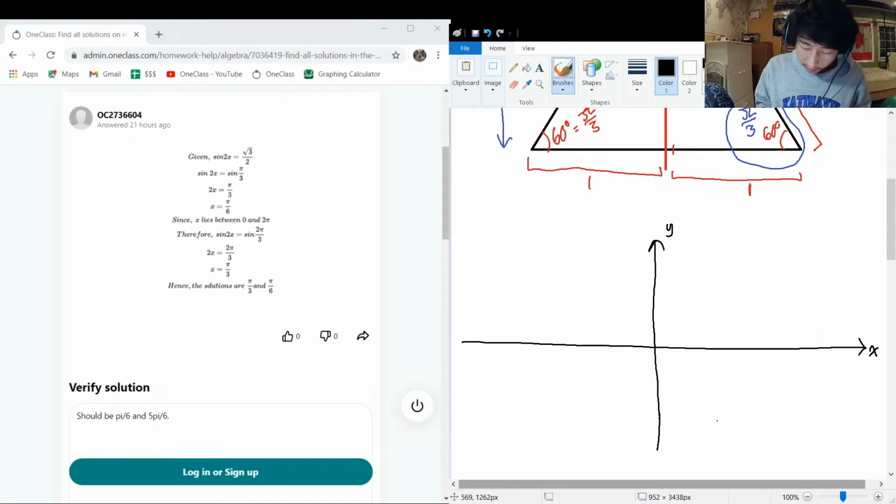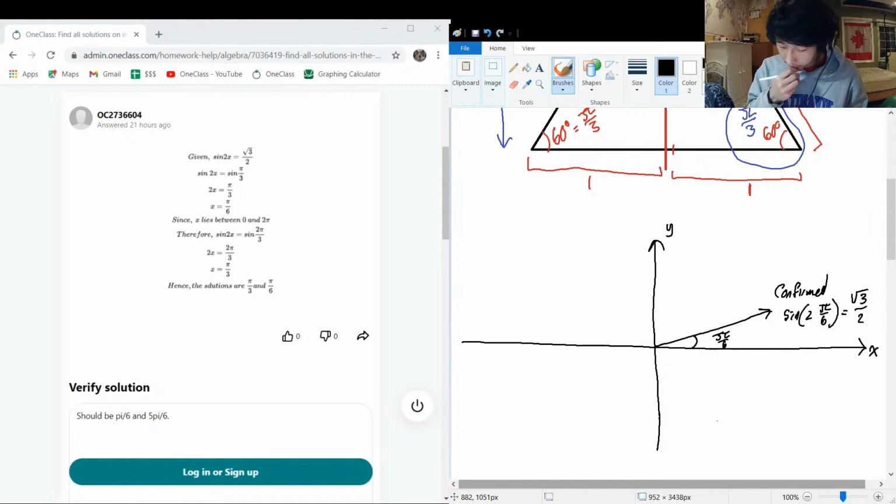We've already confirmed that pi over 6 works, because we know that sine of 2 times pi over 6 is equal to root 3 over 2. But we also have to think about angles that are possibly bigger than 90, bigger than 180, bigger than 270. That could also lead to an answer that corresponds to this.